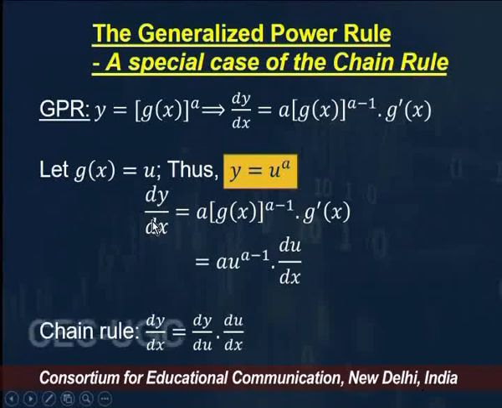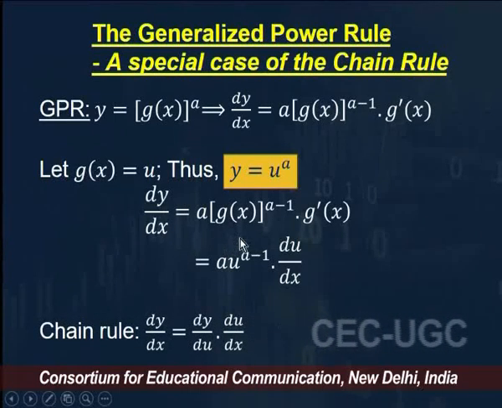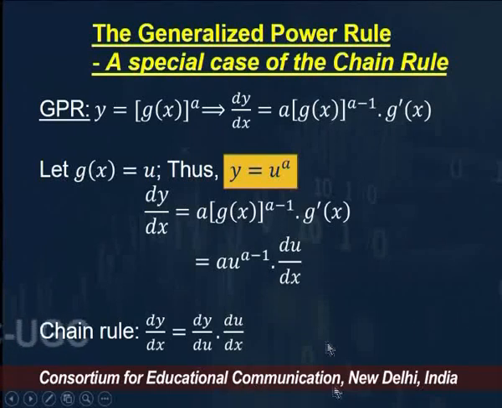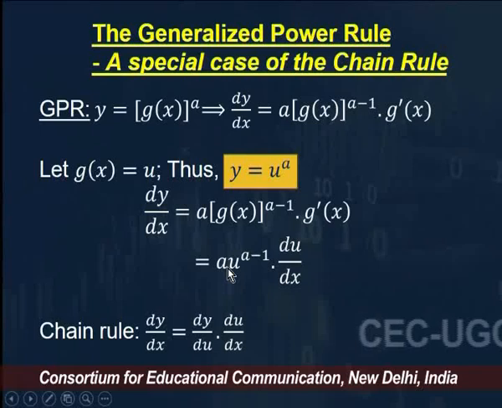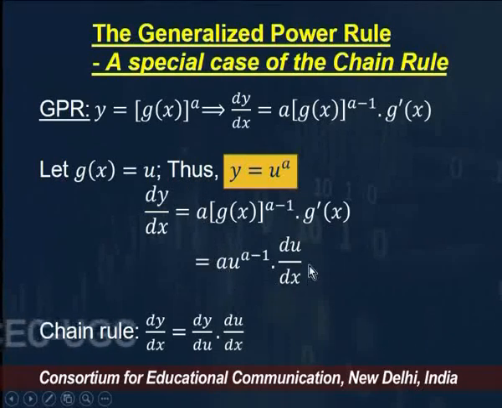This is then to say that dy by dx is equal to a times g of x to the power a minus 1 times g prime of x. And because g of x is u, that becomes a times u to the power a minus 1, and g prime of x is nothing but du by dx.